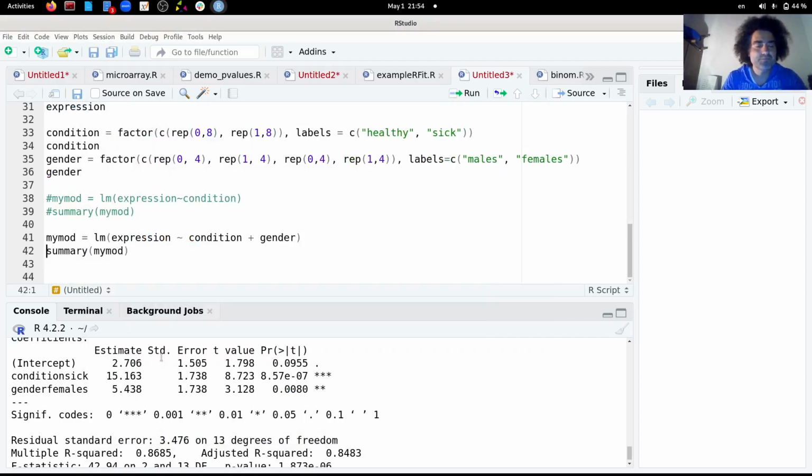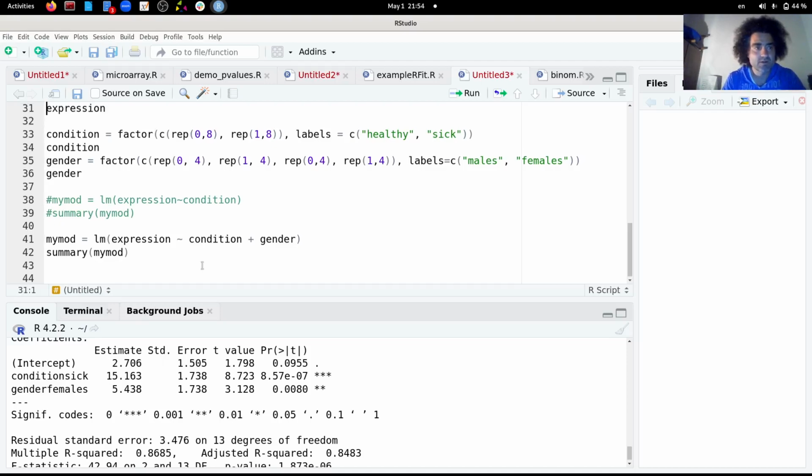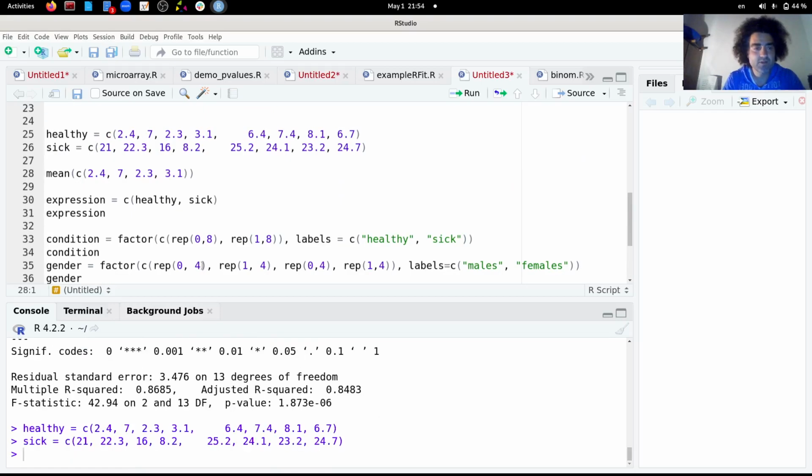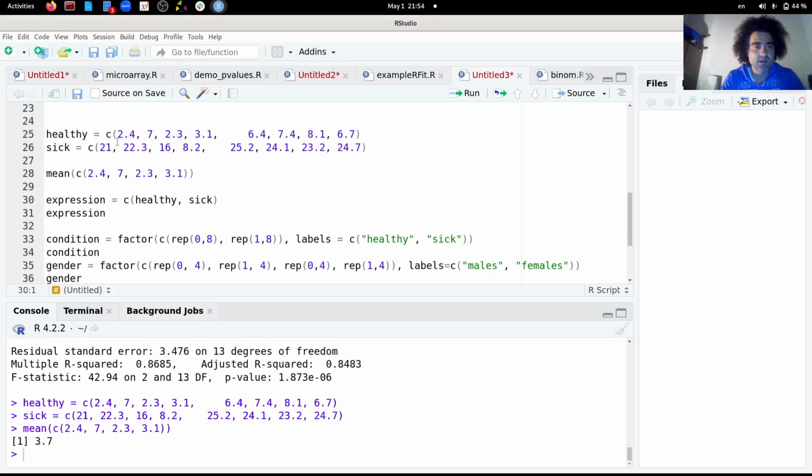Let me explain this observation. For the healthy males, so these 4 values here, the mean is 3.7.